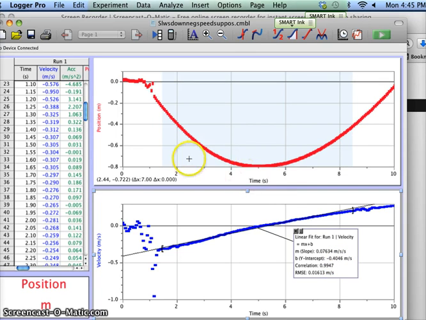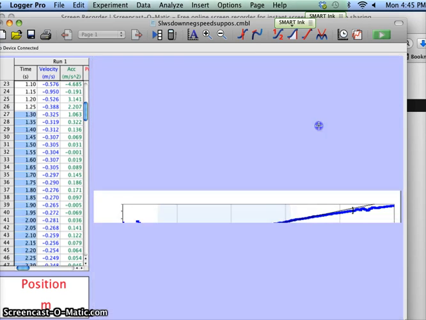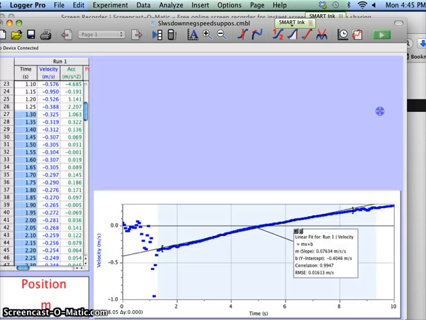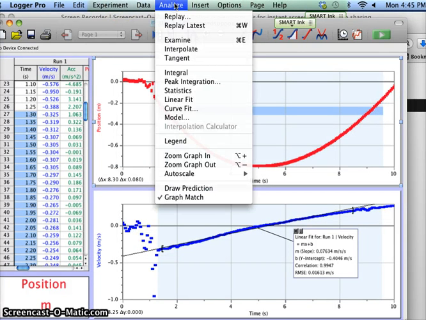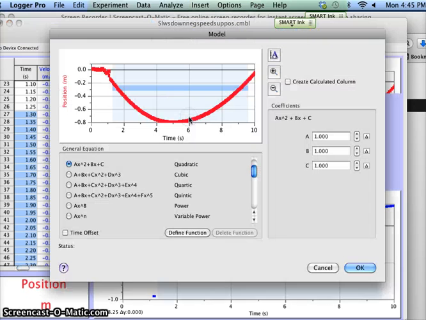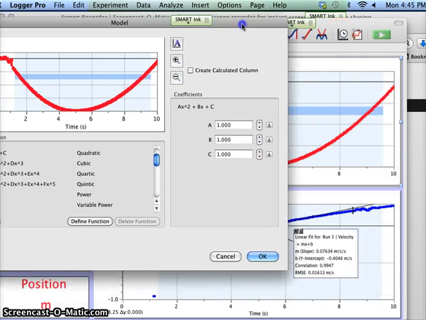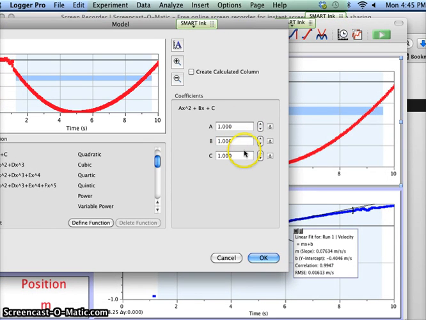Okay, so now I can use that information to model the position time curve. I'll go to analyze, model. And for my B value, I'm going to make it negative 0.4046.